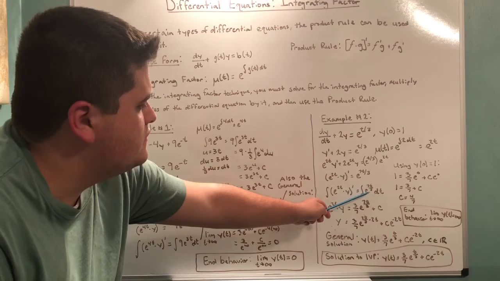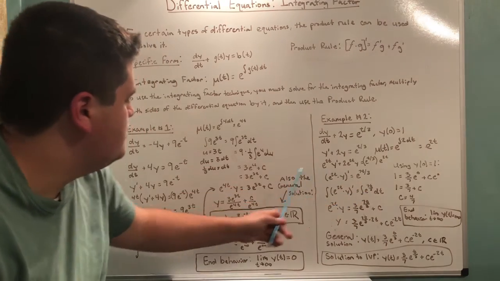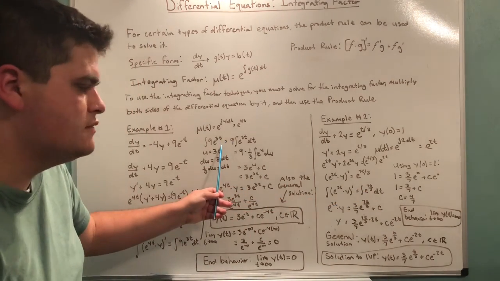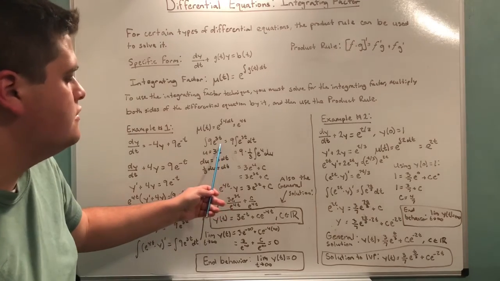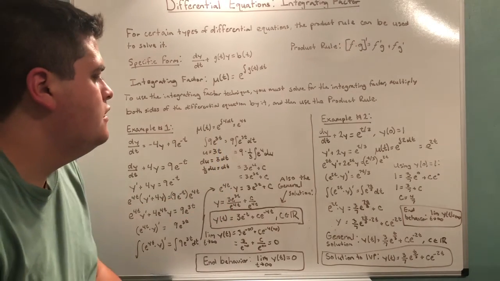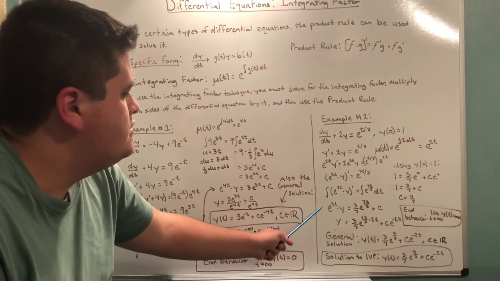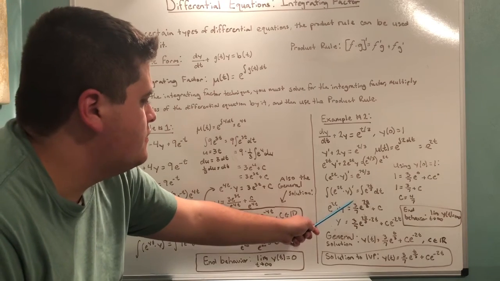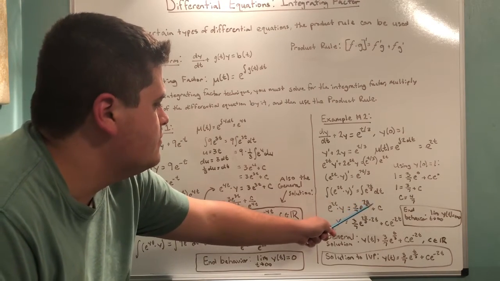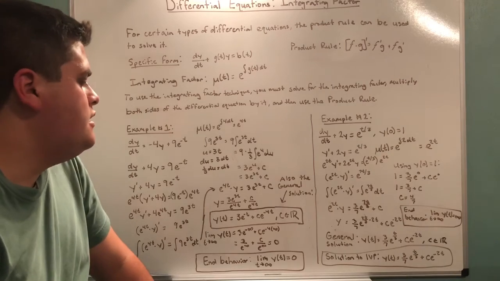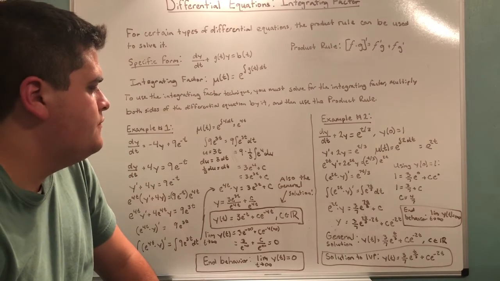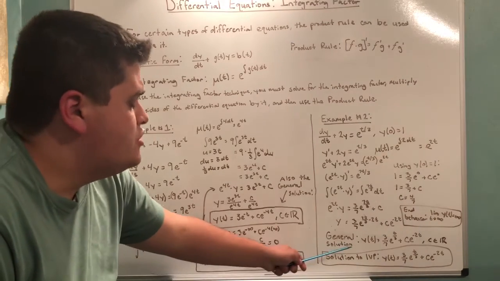And this was found using the same u substitution technique for this 9e to the 3t integral. So now we have e to the 2t times y is equal to 3 over 7 e to the 7t over 3 plus c. We divide each side by e to the 2t, and we will get a general solution.